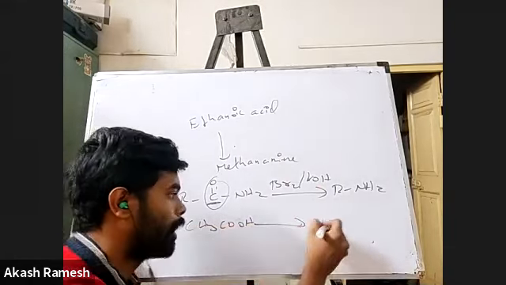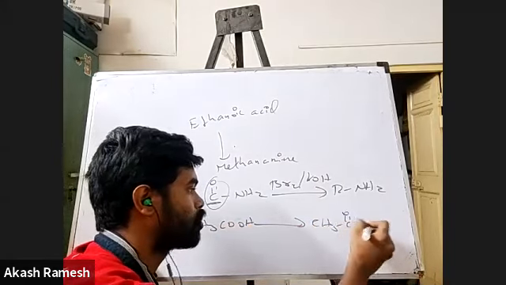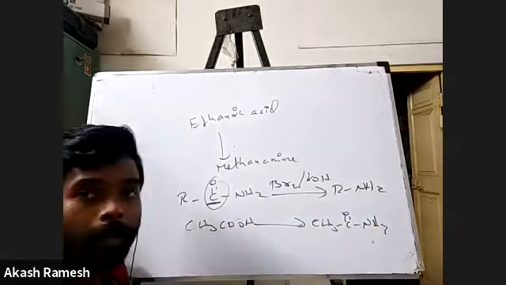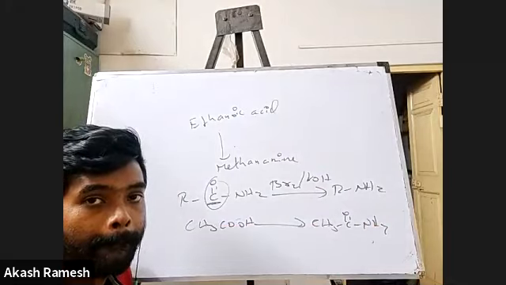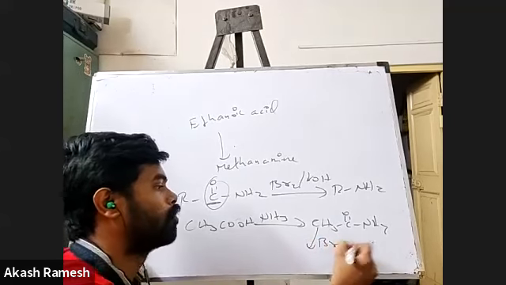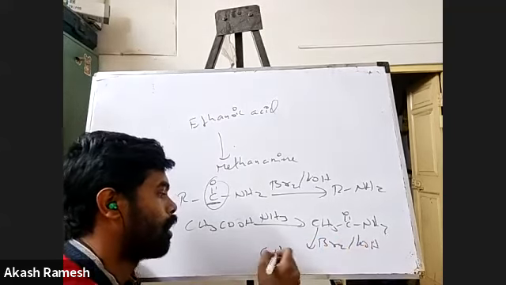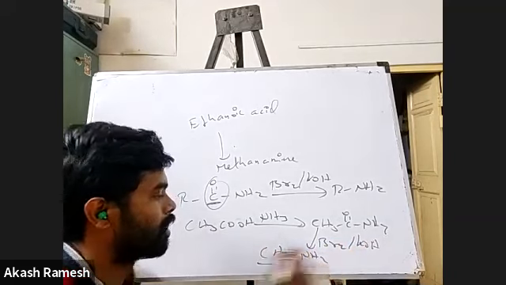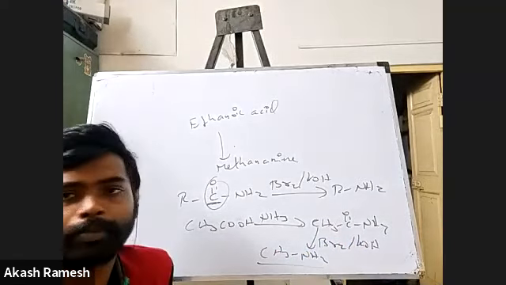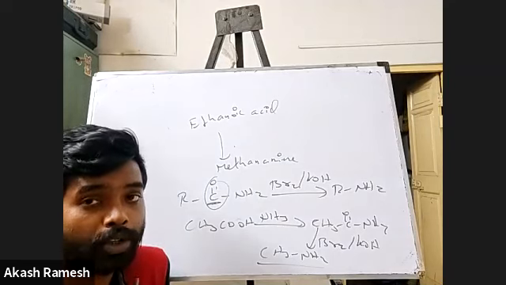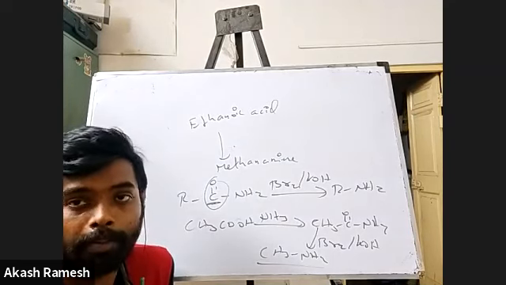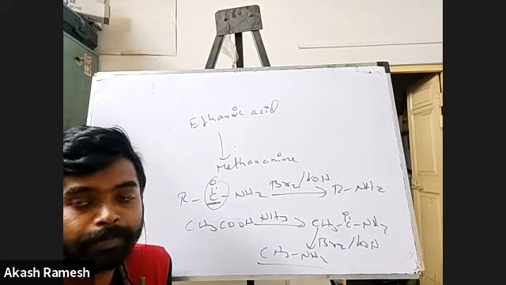Now, how will you convert it into amide, CH3CONH2? What will you add here? Ammonia. Absolutely. Ammonia. Then you go for Br2 in the presence of KOH. You are going to form CH3NH2. Again, a very important reaction. It's a very useful reaction because you see there is one carbon atom less in the product.